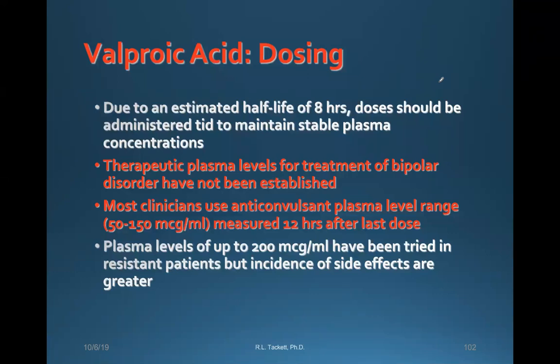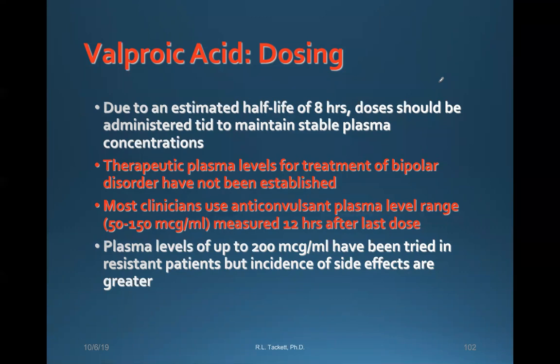I'm not going to ask you these plasma level ranges, even though they're in red, but what I was emphasizing is that you measure it 12 hours after the last dose. So if they take a dose at 8 in the morning, and then another 8 hours later, and another 8 hours later, you look at it just before the next dose. They come to the lab first thing in the morning, and then we should be fine to pull the blood.